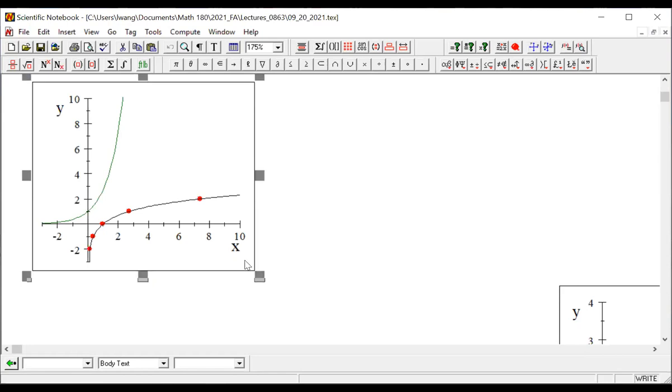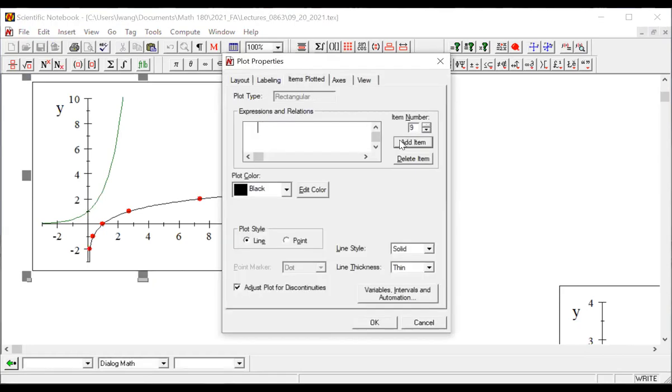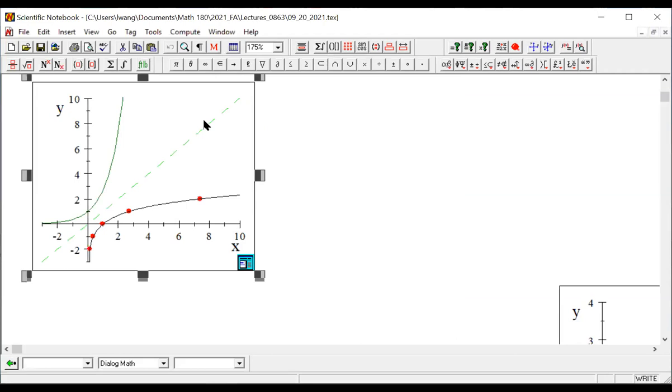What is that something the two curves are reflecting over? What is this line? It's y equals x.